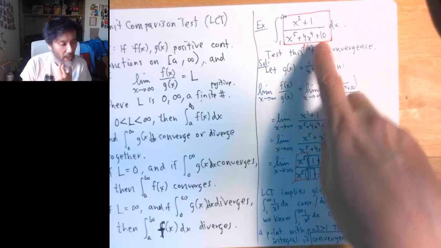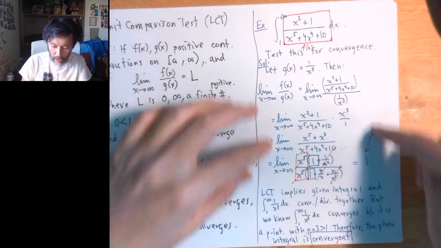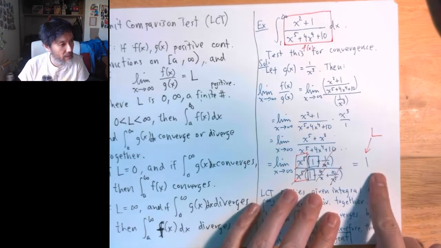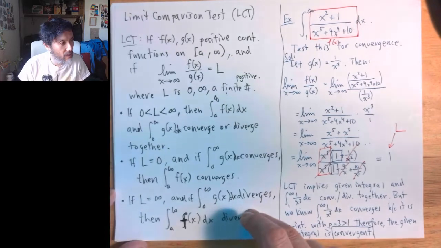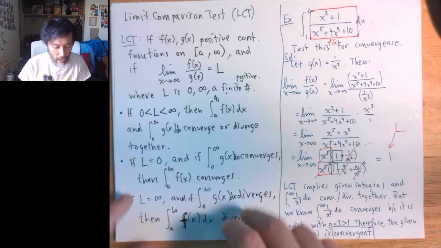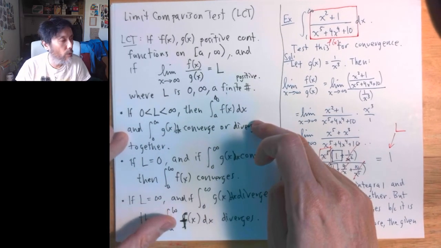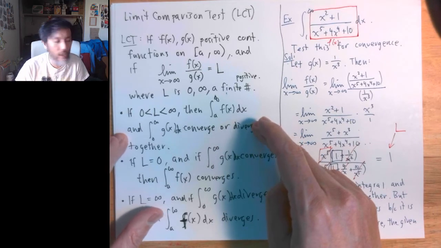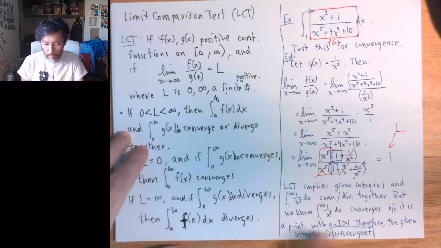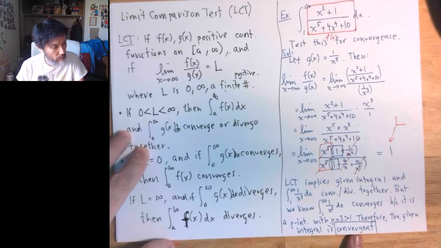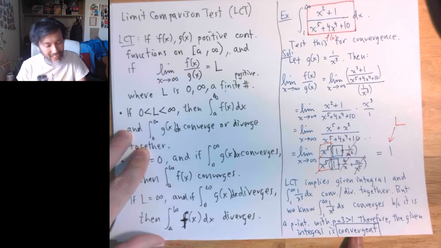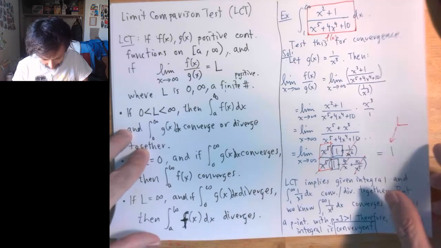I chose g of x wisely. I computed the limit and found that it was some finite number. I looked at which of the 3 cases of the LCT I fell into, and then proceeded from there, sort of crossing my fingers that I would get a nice conclusion out. That's the idea.